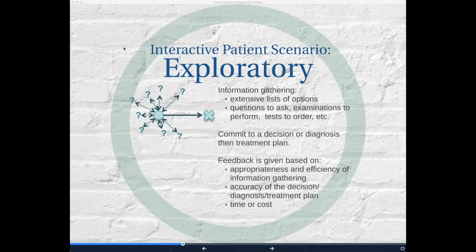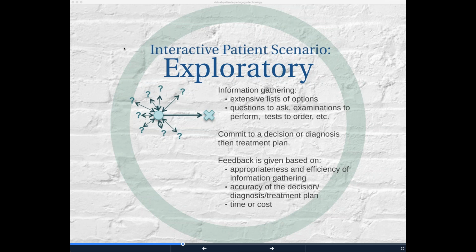What questions do they want to ask? Do they want to delve into a history of presenting illness first? Do they want to talk with a family member perhaps? Are they concerned about the way the patient appears and want to jump quickly to a physical examination or assessment and get some vital signs?